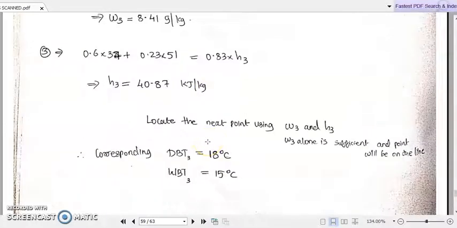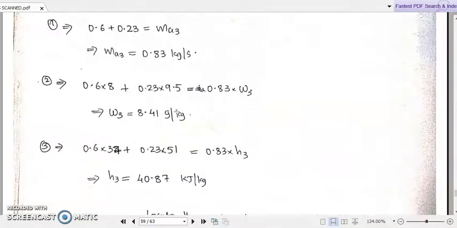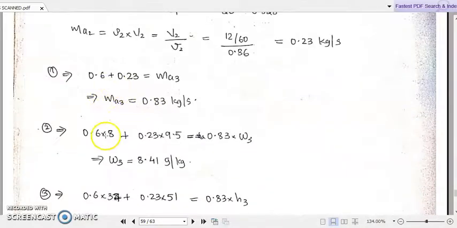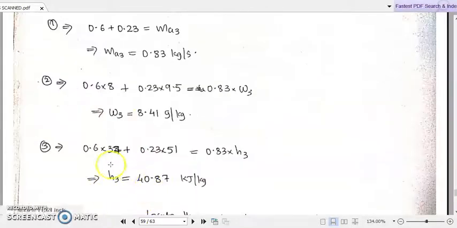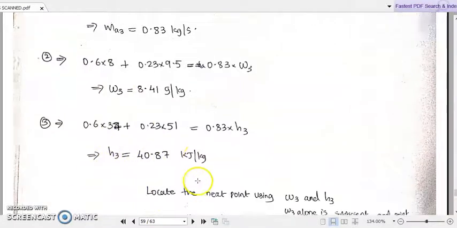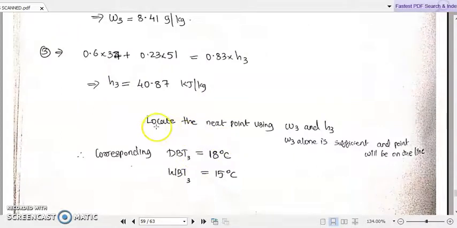Now we have found out the mass flow rate of the third stream, the specific humidity of the third stream of air, and also the enthalpy content of the third stream of air. By using these values, we can easily locate the next point, that is point 3, using this omega 3 and H3.